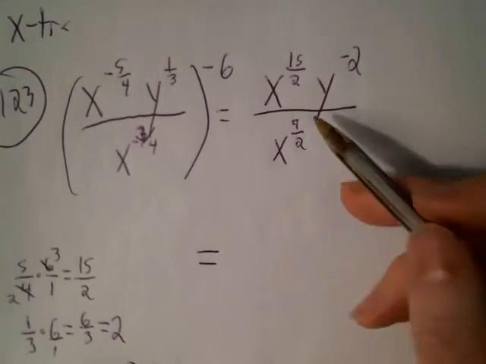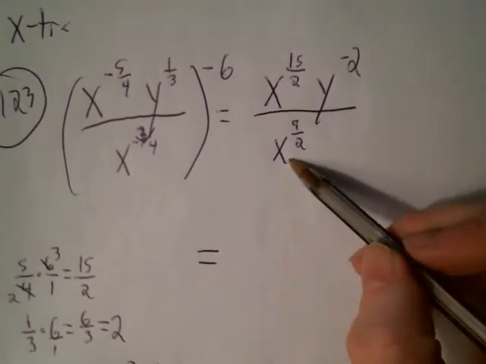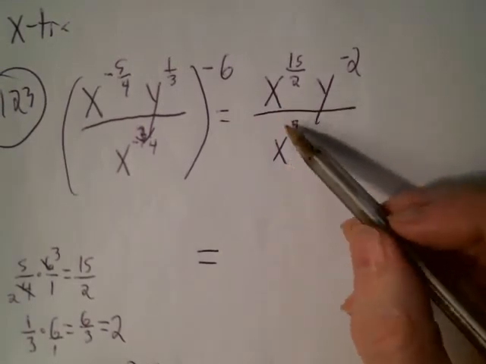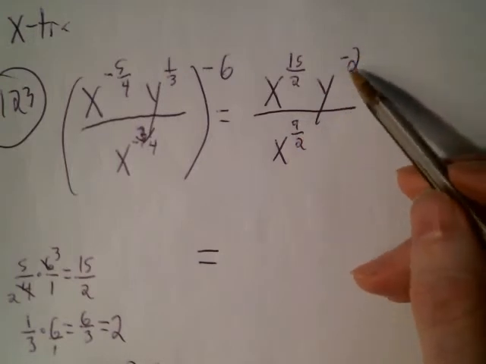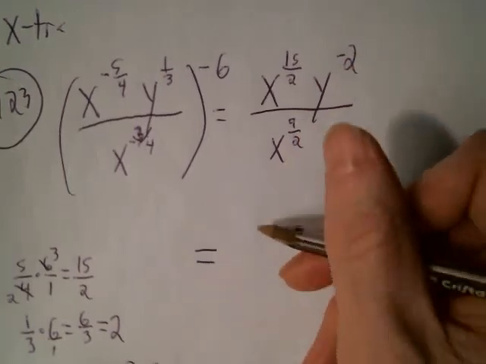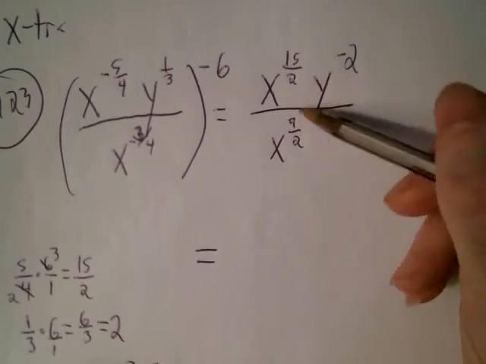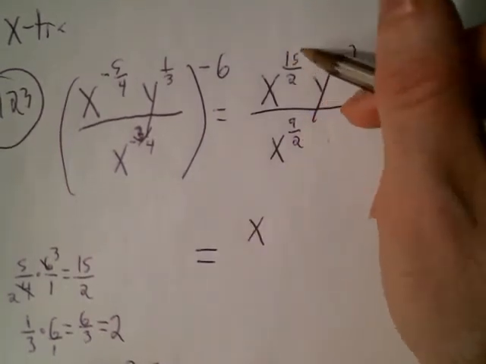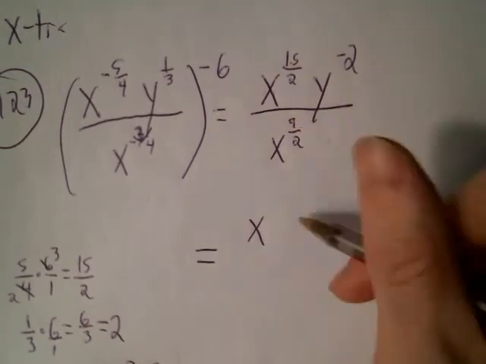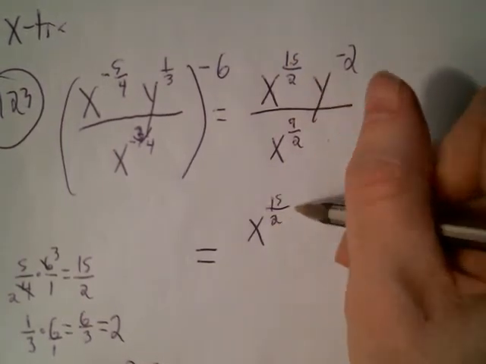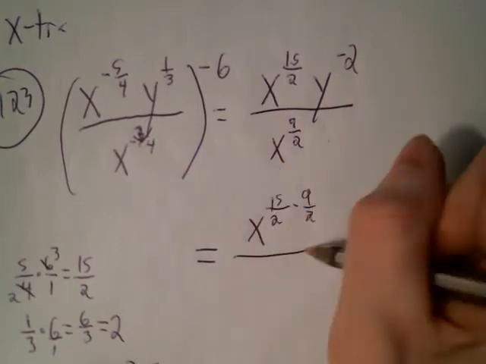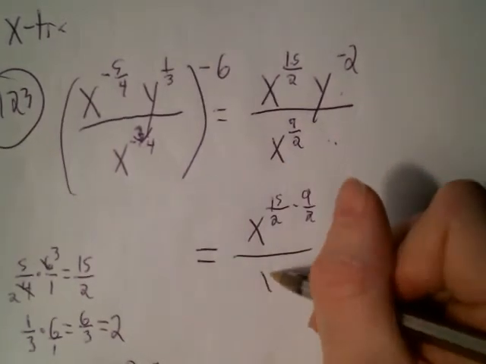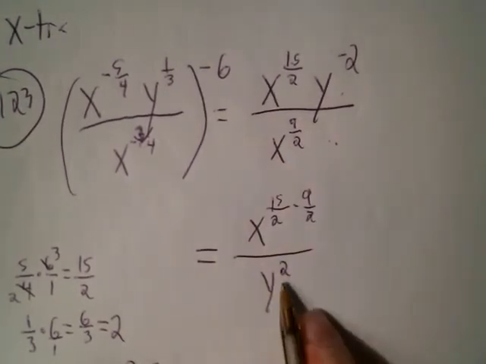Then I have some repeated bases here, so I need to combine these using the quotient rule. This has a negative exponent, so I need to move it downstairs. To combine these, I subtract their exponents. If I bring this up, so to speak, I have to go this one minus this one. So it would be 15/2 minus 9/2, and I bring this guy down, so y squared to get the positive exponent.